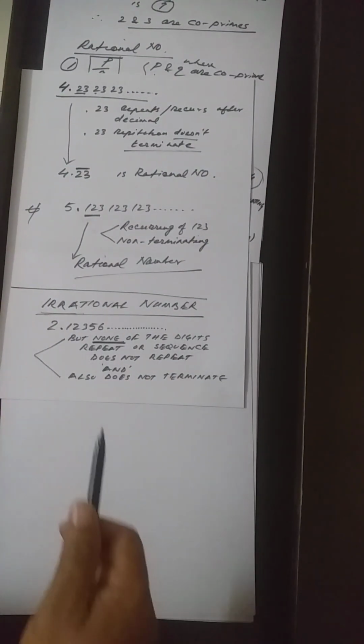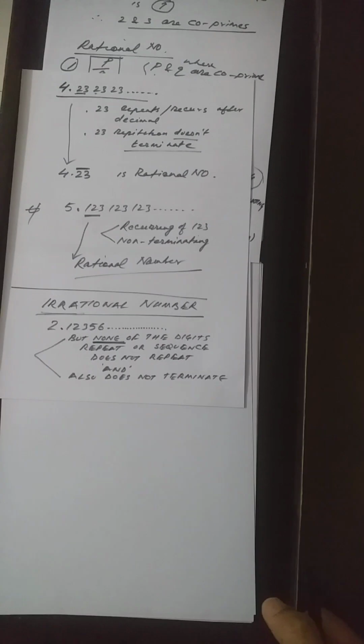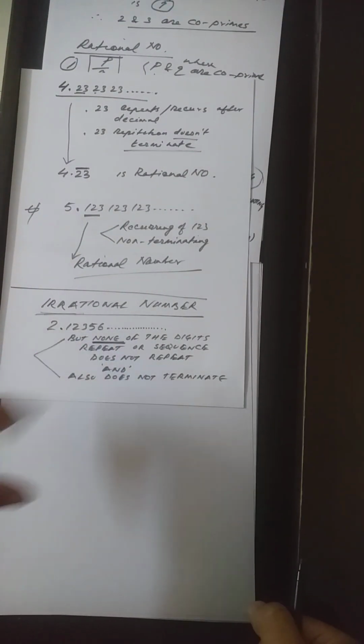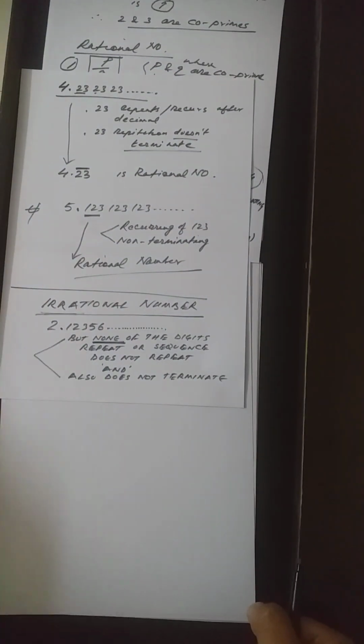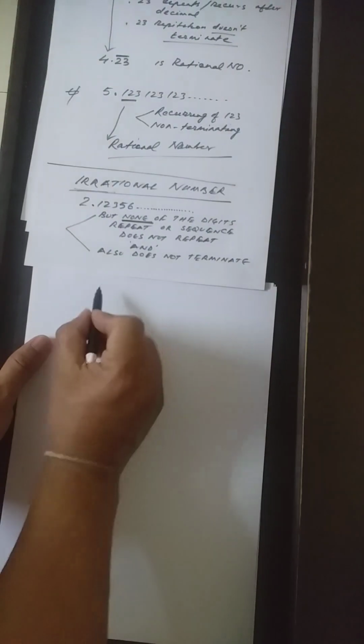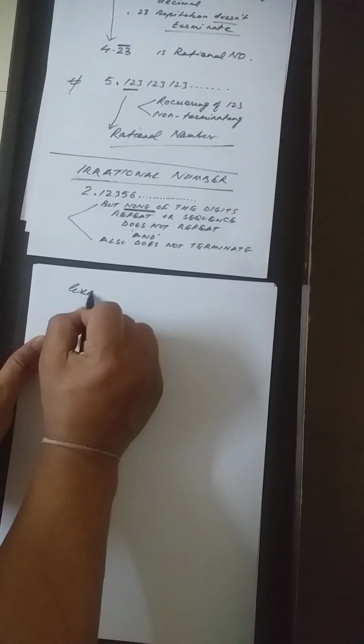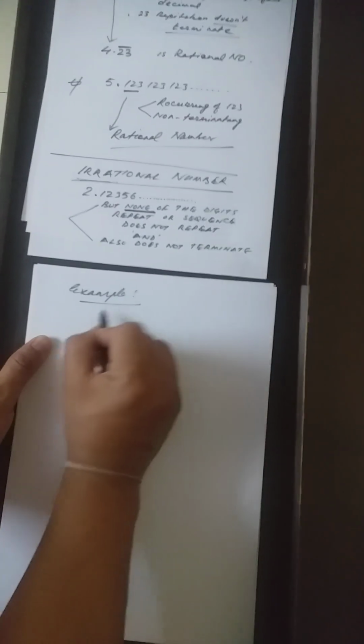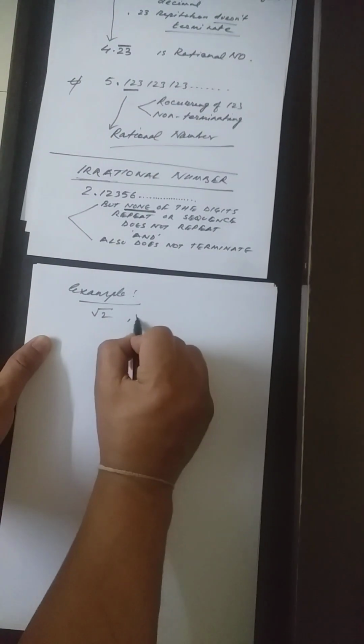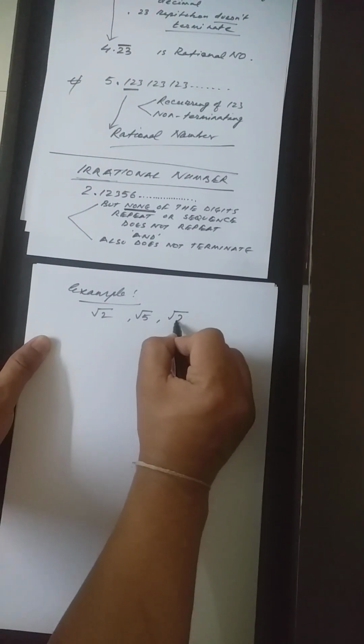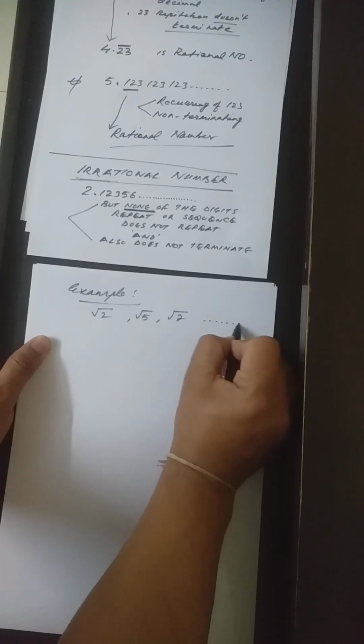So what is the property of an irrational number? Any decimal number where the digits after decimal don't repeat as well as don't terminate, such a number will be called an irrational number. We have examples of irrational numbers such as root 2, root 5, root 7, etc.